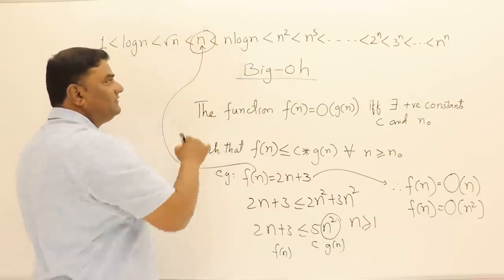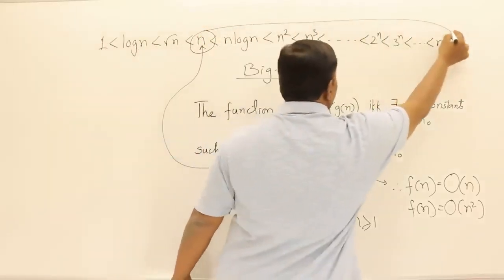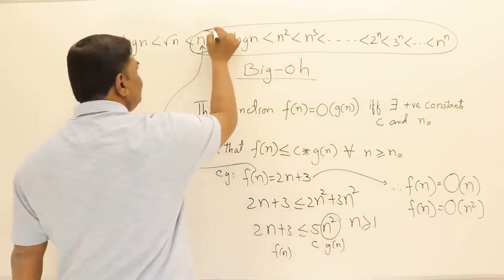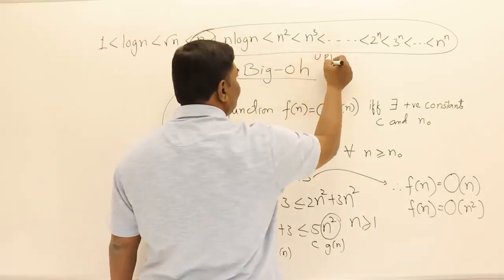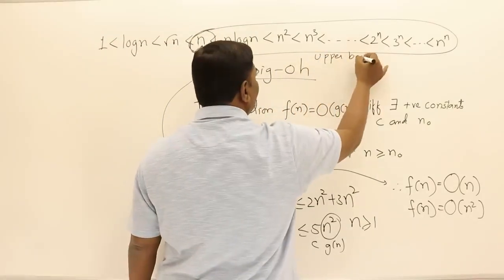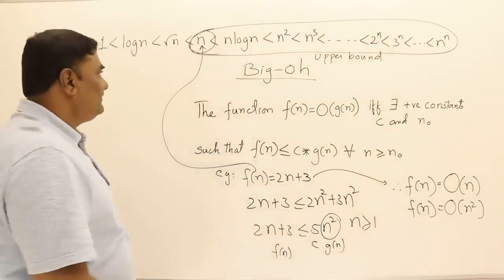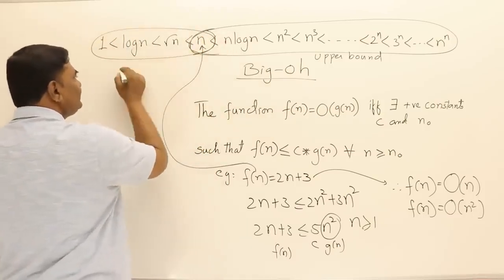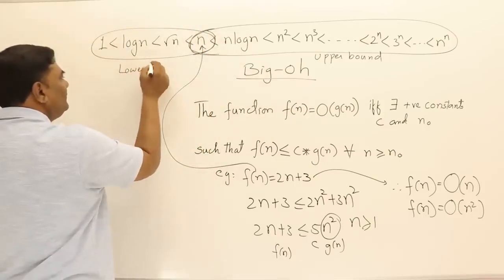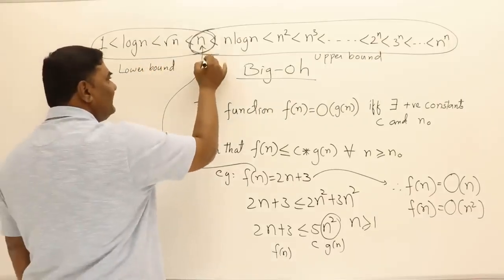It means all those functions which are greater than or equal to this one, including this, become upper bound. And all these functions, including this one on this side, become lower bound. And what does this exactly become?